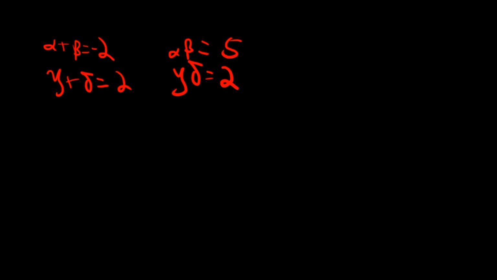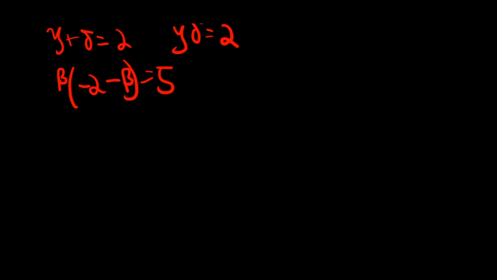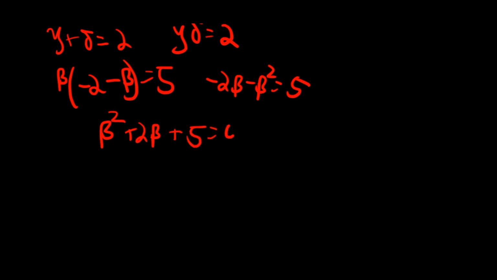So if we do the alphas and betas first, if we substitute out alpha, we will get beta times minus 2 minus beta is equal to 5. And so minus 2 beta minus beta squared is equal to 5. And so beta squared plus 2 beta plus 5 is equal to 0.